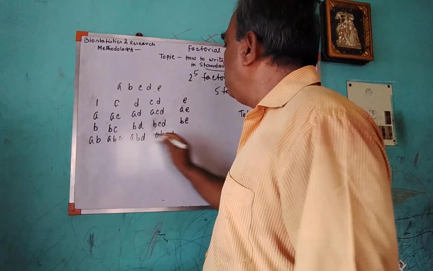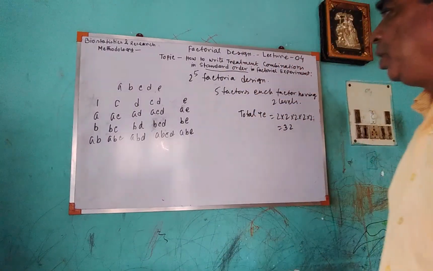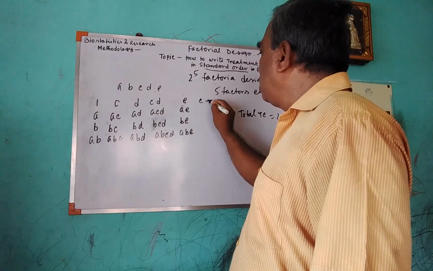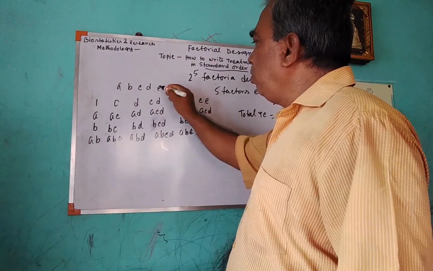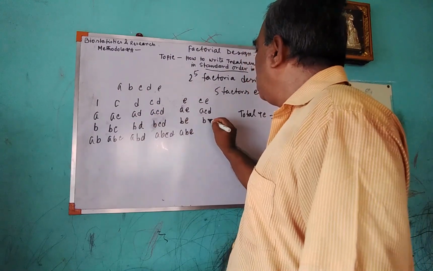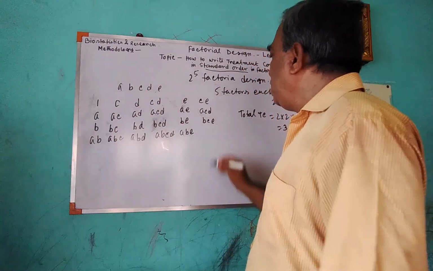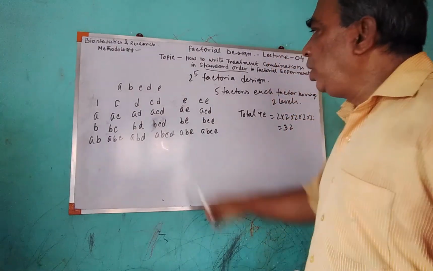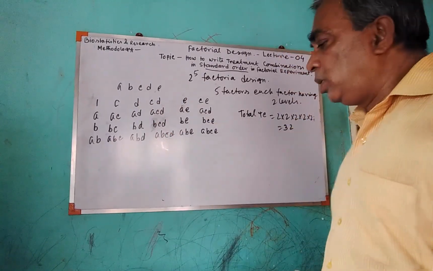E into AB, that is ABE. Now E into C, CE. Now ACE. Now BCE. Now ABCE. Now E into this, tell me.